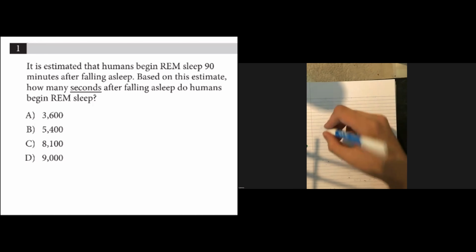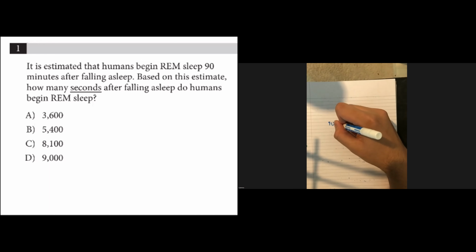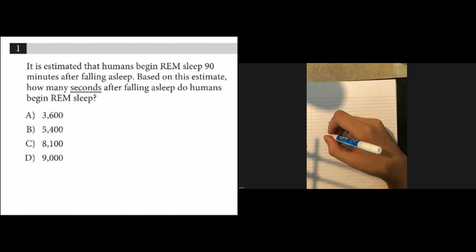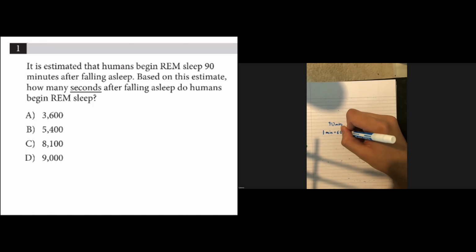So we have 90 minutes. And we know that 1 minute is 60 seconds.